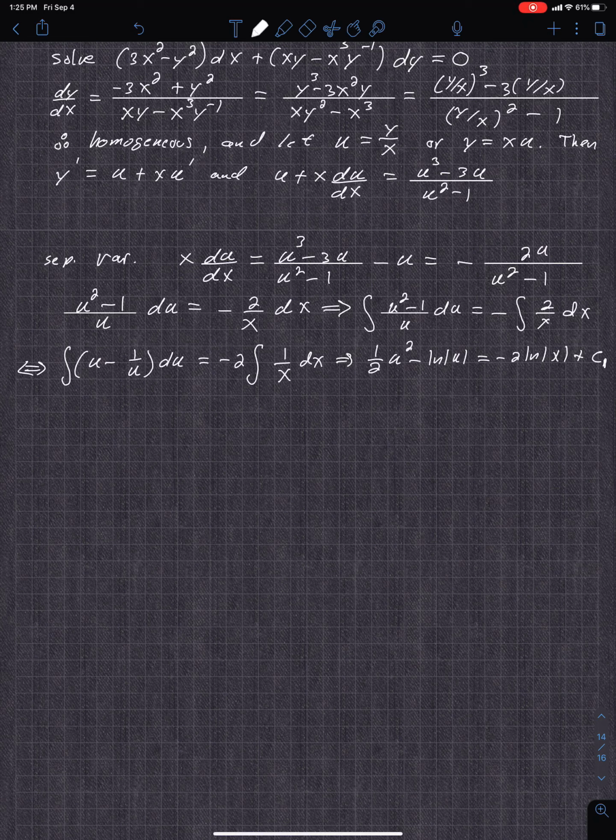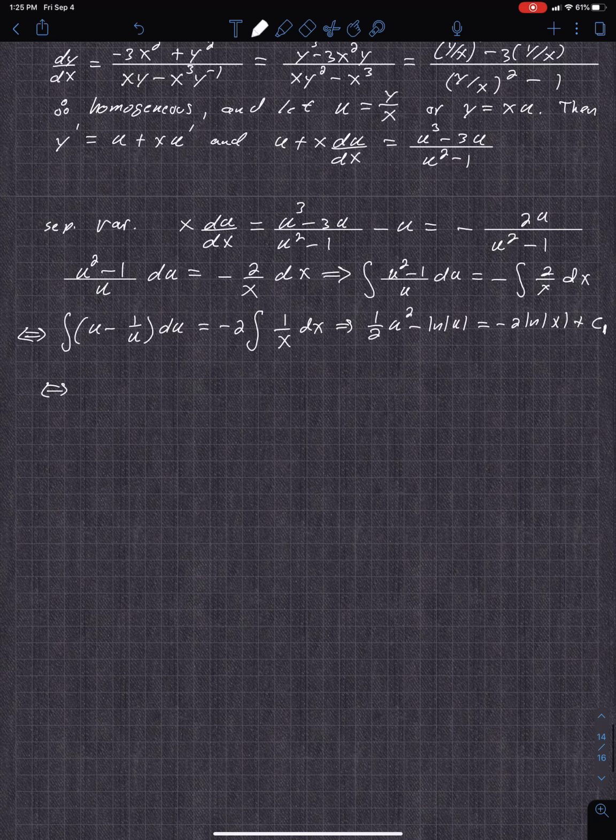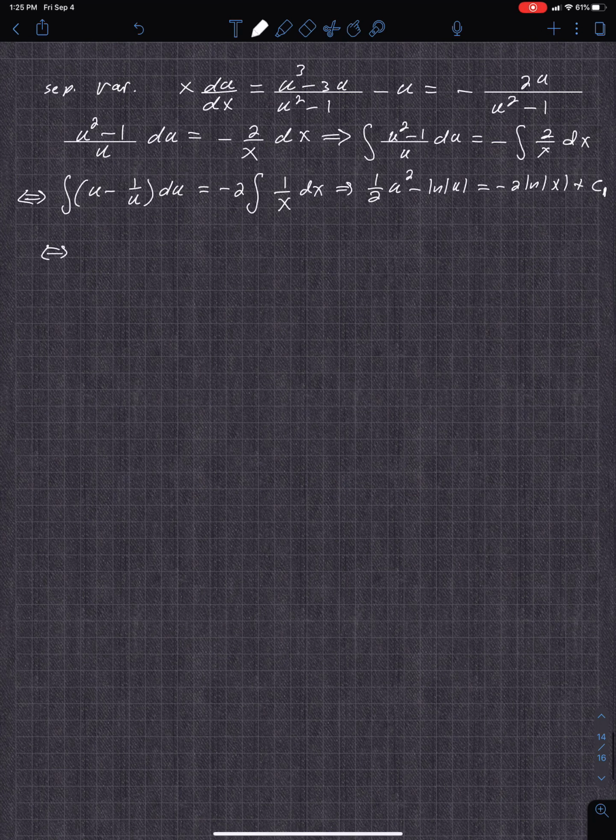If you multiply both sides by 2, you end up getting a nicer form: u squared minus 2 ln absolute value of u plus 4 ln absolute value of x equal to c.